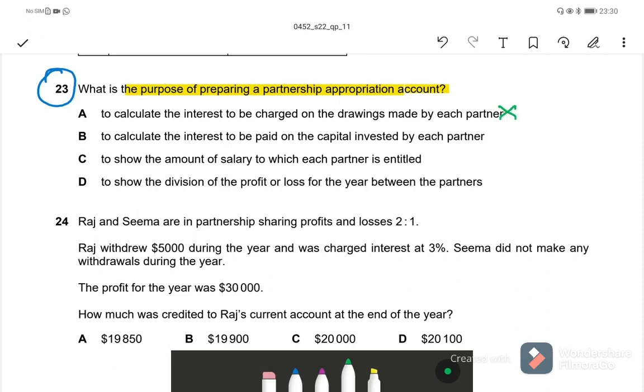Then here again interest on capital is also charged, but the purpose is not charging. They are calculating this to find the divisible profit and salary. So the correct answer is D.